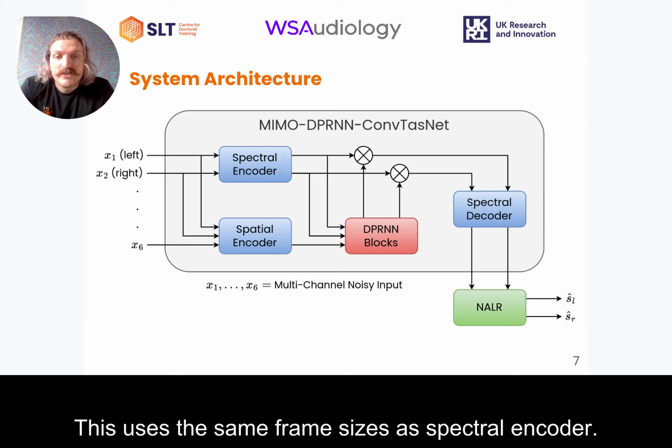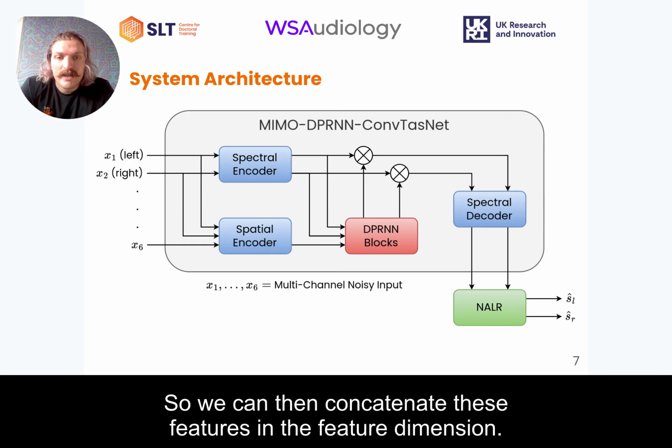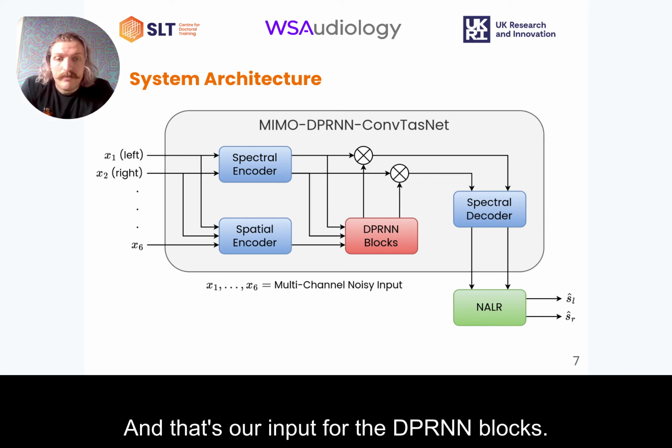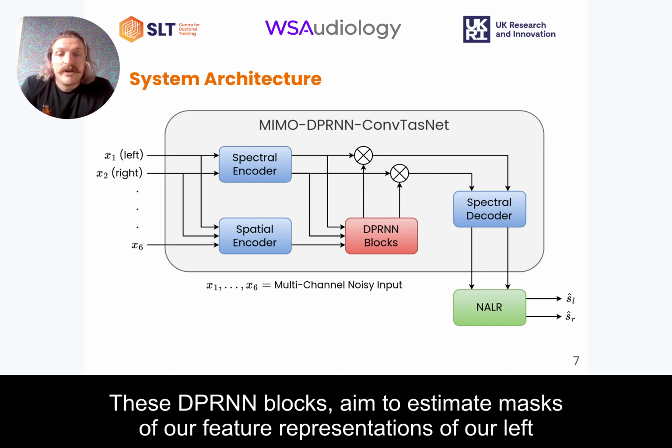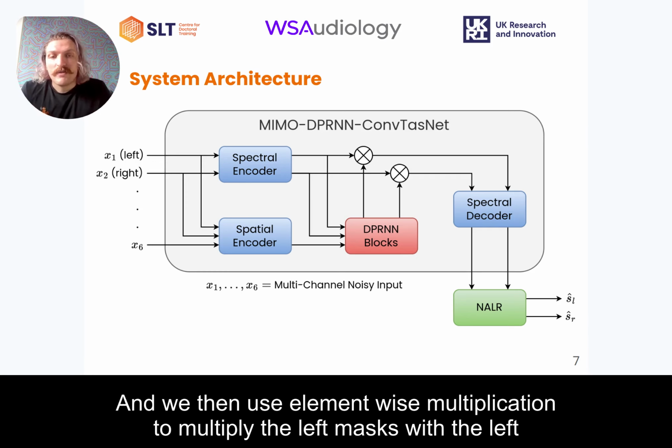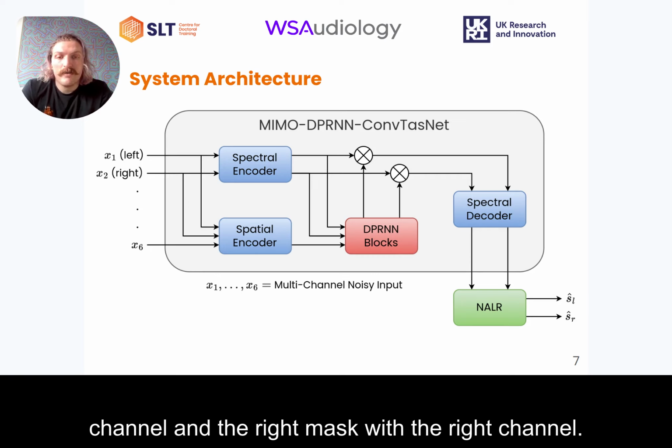This uses the same frame size as the spectral encoder, so we then concatenate these features in the feature dimension, and that's our input for the DPRNN blocks. These DPRNN blocks aim to estimate masks of our feature representations of our left and right channels, and we then use element-wise multiplication to multiply the left mask with the left channel and the right mask with the right channel.